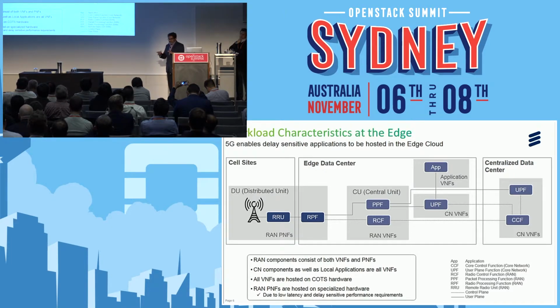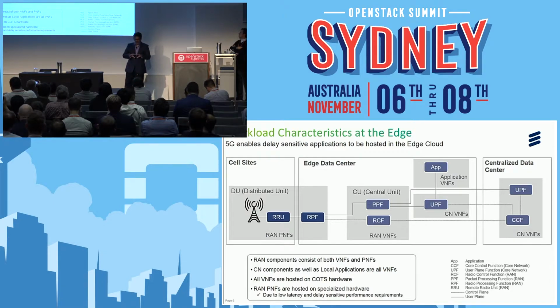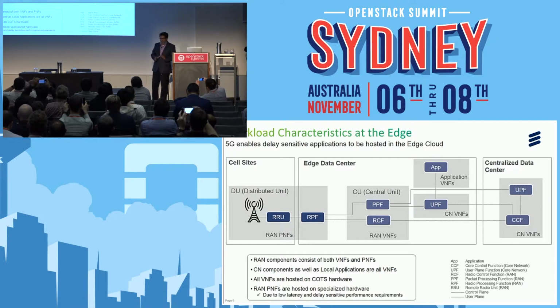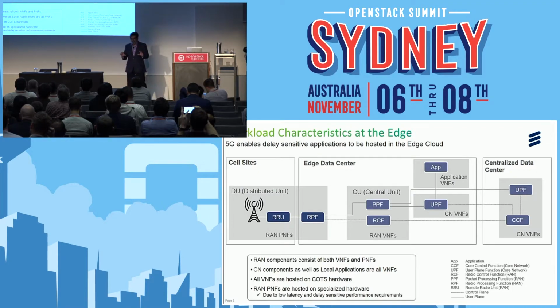So finally, to tie the end of the 5G part into the edge, what I've done is I've taken the edge data center and the centralized data center and distributed the RAN and the core network functions.